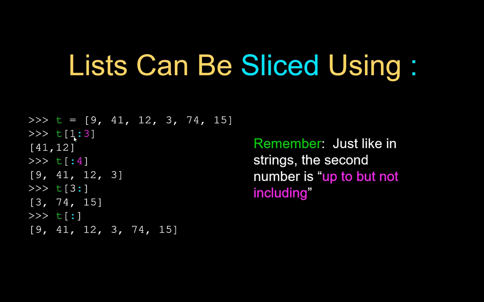So it's going to be value 1 and value 2, excluding 3. So this is value 0, this is value 1, 41 is here. The next one is value 2, 12, and that's the slice that we take out using the square bracket and the colon.